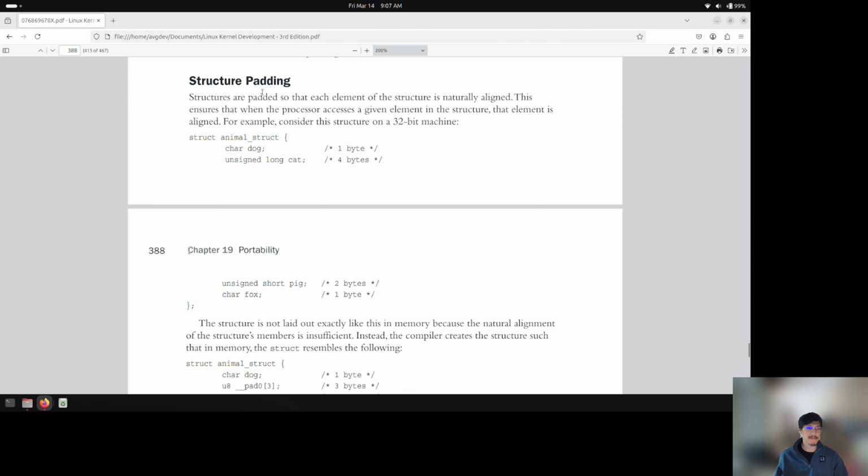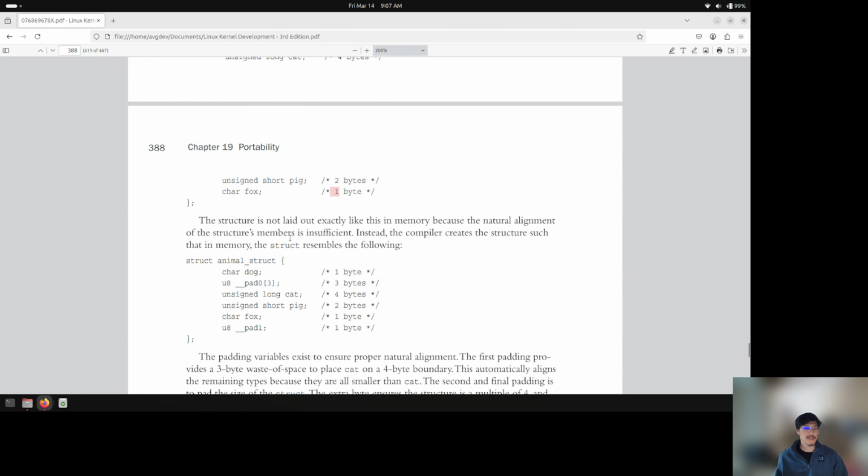It looks like you have 1 byte, 4 bytes, and then 2 bytes for short, and then another byte for char. The structure is not laid out exactly like this in memory because the natural alignment of the structure's members is insufficient. Instead, the compiler creates the structure such that in memory the struct resembles the following.